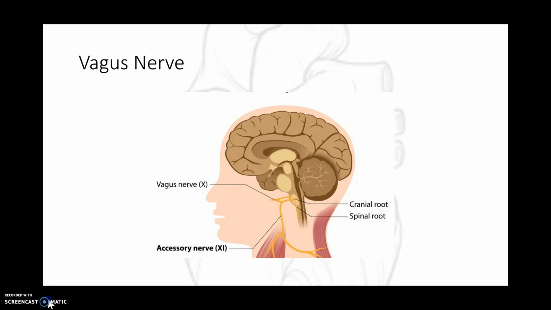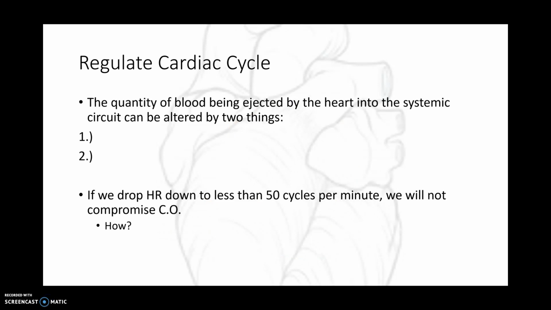Okay, so let's talk a little bit more about the regulation of this cardiac cycle. The quantity of blood being ejected by the heart into the systemic circuit can be altered by two things. Again, pretty much what we're talking about is cardiac output. So the two things it can be altered by are a change in heart rate and a change in stroke volume.